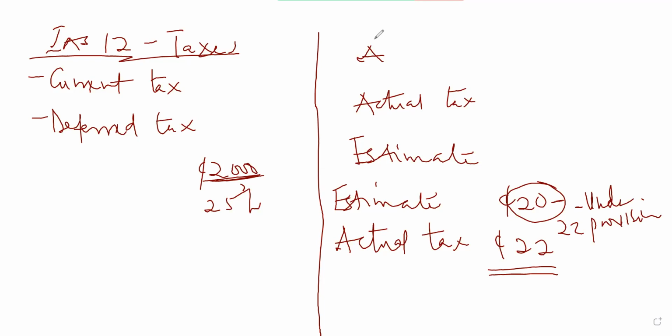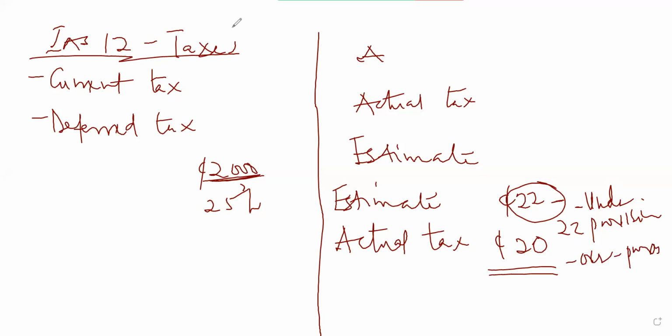But in a situation where the estimate is now 22 and the actual is now 20, what is happening here? There's been an overprovision. So that is what we call the over provision.